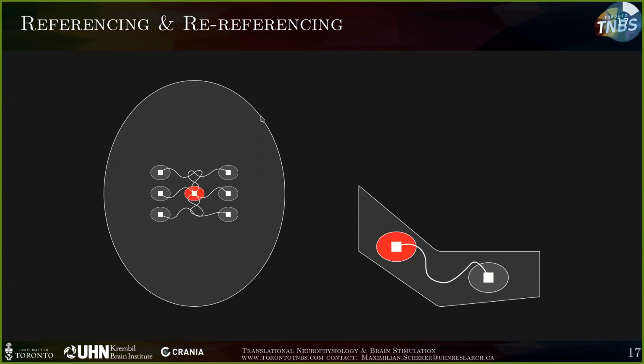You can select one of those electrodes as a reference, and the other ones can be selected as the locations you're actually interested in. What you're measuring is the gradient between this blue one and the red one, or with the EMG, the difference between the blue and the red one.